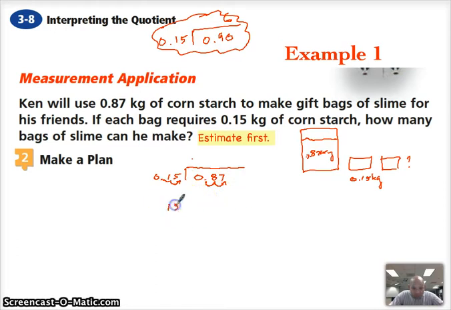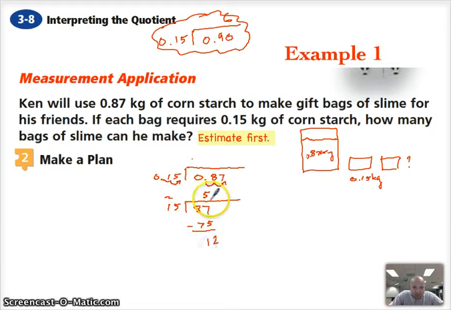So now our problem becomes 15 into 87. 15 goes into 87, I know, 5 times. 5 times 5 is 25. 5 times 1 is 5 plus 2 is 7. 75, so we subtract that here.